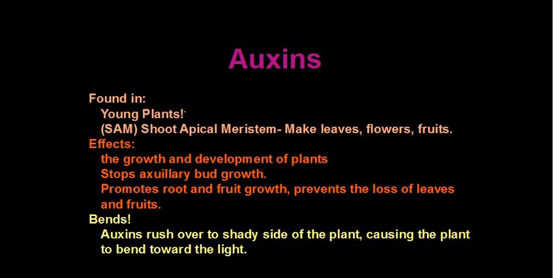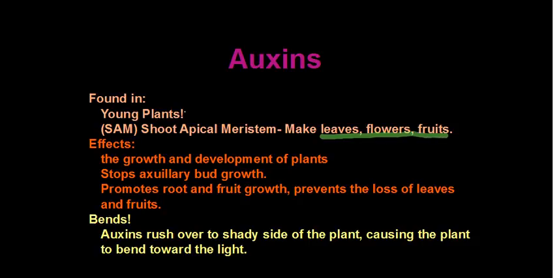The first one we're going to be talking about is auxins. And auxins are found in young plants, more specifically in the shoot apical meristem, or SAM for short. And now all that means is they're going to create new plant organs like leaves, flowers, and fruits.